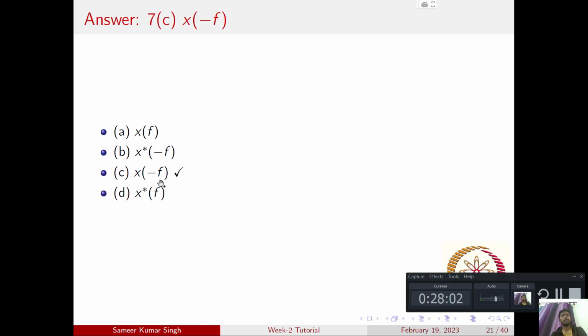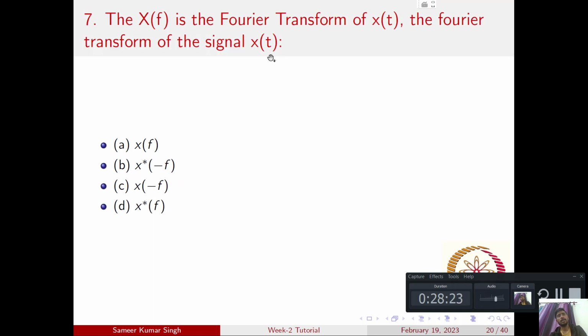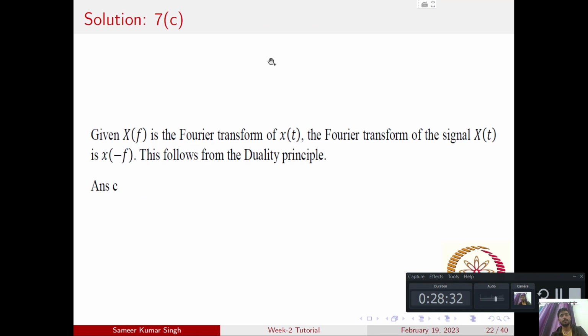So the answer will be x(minus f). You can solve this question by the duality property. The question is, given X(f) is the Fourier transform of x(t), we have to calculate the Fourier transform of capital X(t). That will come out as x(minus f). Just follow the duality property.